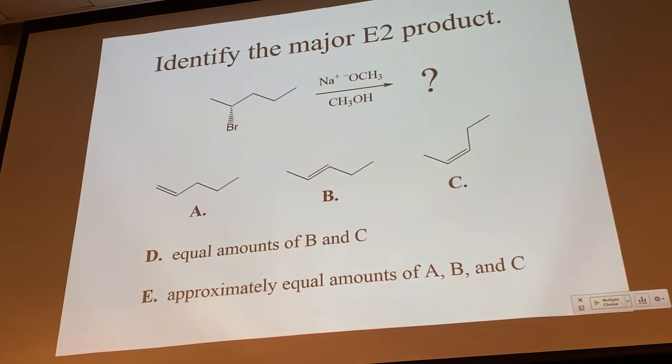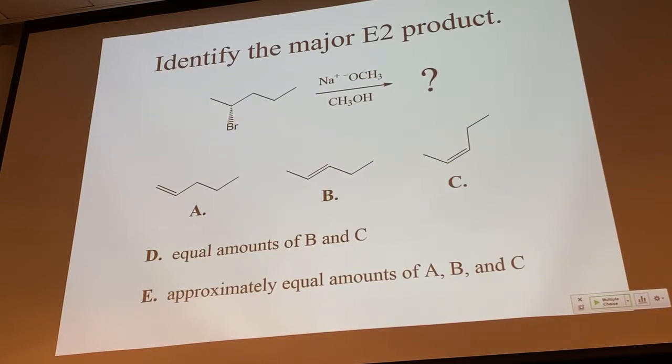Okay, so you preferred B over A because B was more substituted. The alkyl groups can stabilize the partial double bond in the transition state. And then you preferred B to C because B is trans and C is cis, and there'd be less steric strain or steric hindrance in the transition state leading to B. Very good. That's exactly correct.